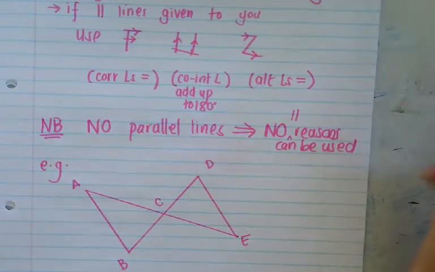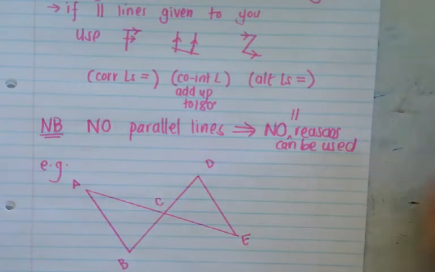My picture on the board, as it stands, can I use co-interior, corresponding, or alternate angles? Who says yes? Who says no? The rest of you, let's look at the board, please. Stop drawing just for 1 second. Look at the picture that I've drawn.